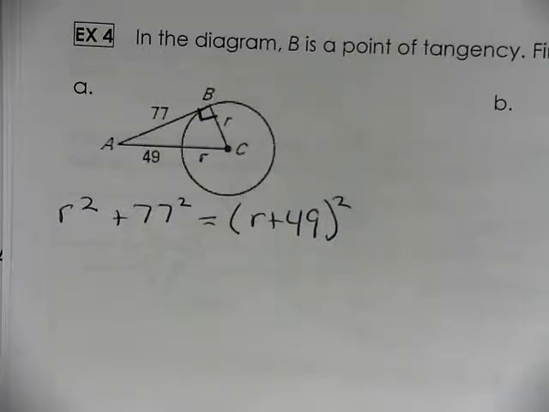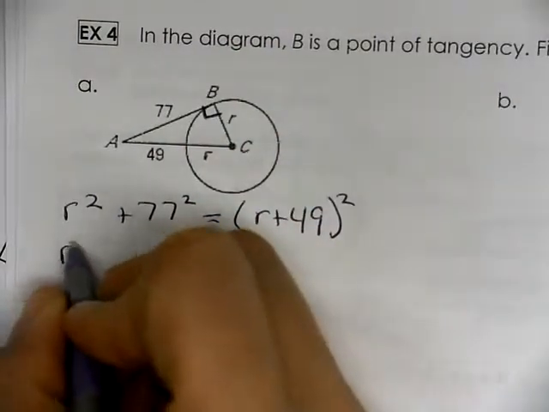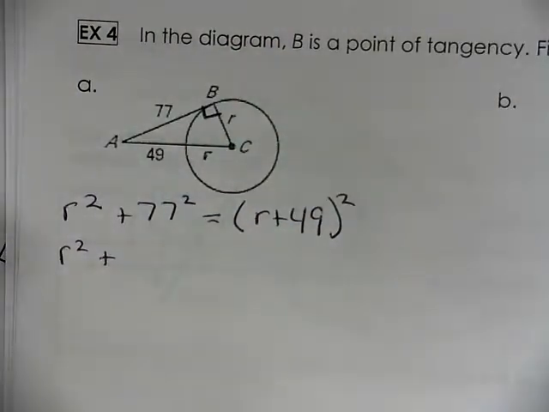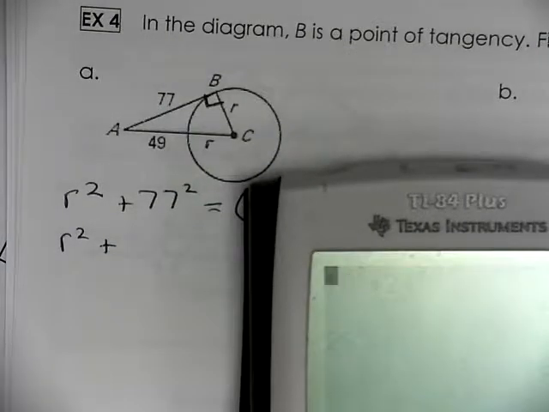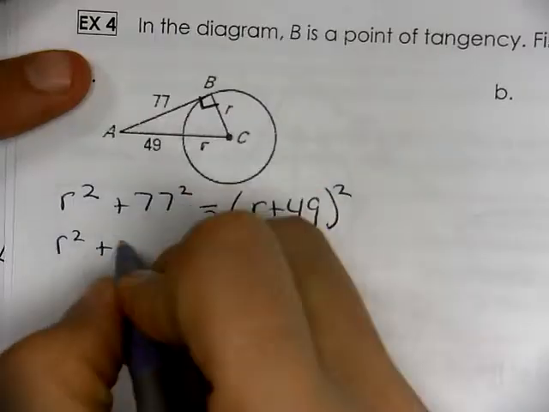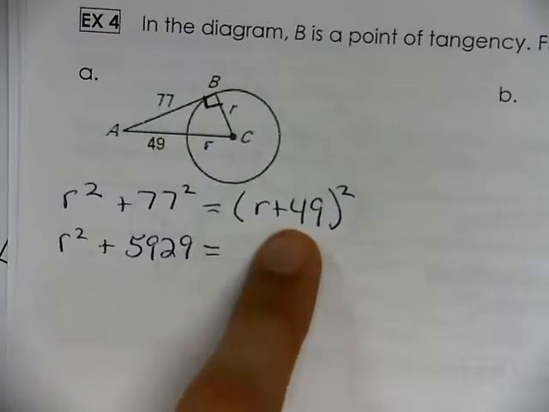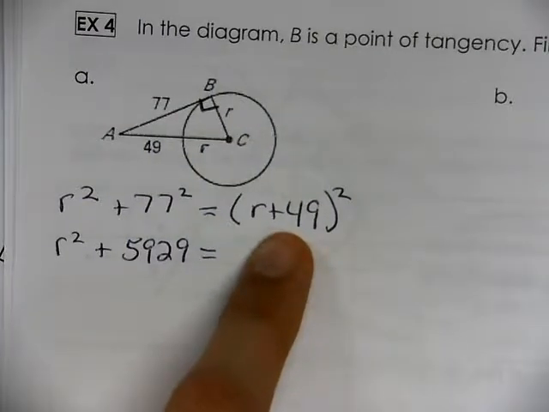Here's the tricky part. What's R squared? R squared. What's 77 squared? 5,929. The tricky part here is this is not just R squared plus 49 squared.